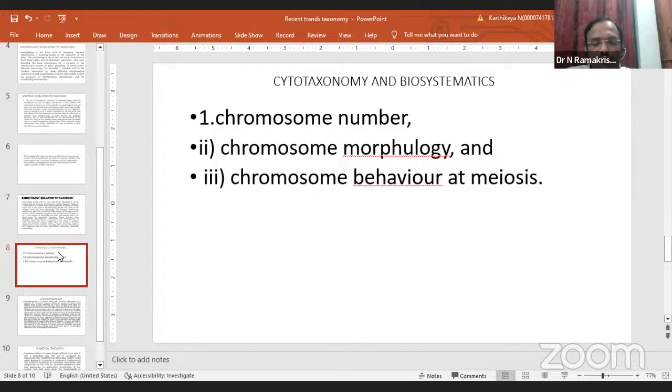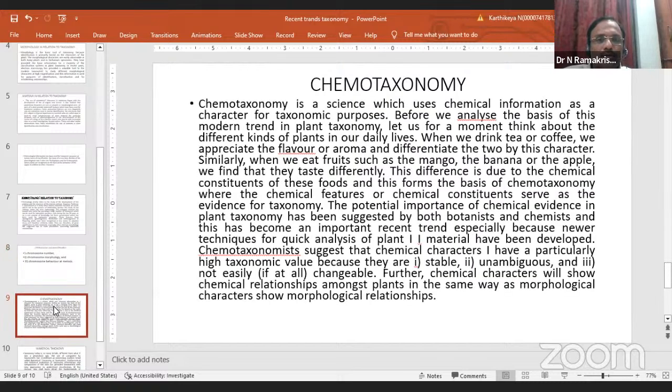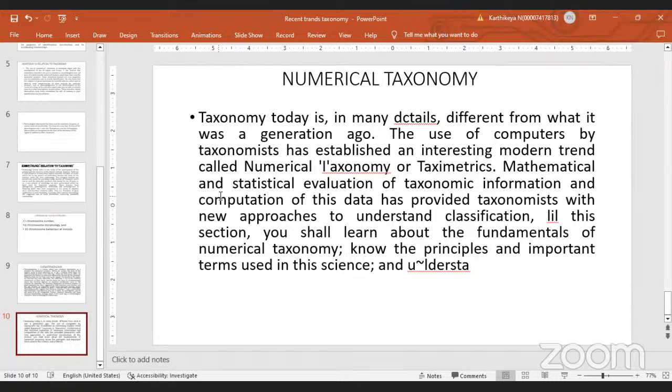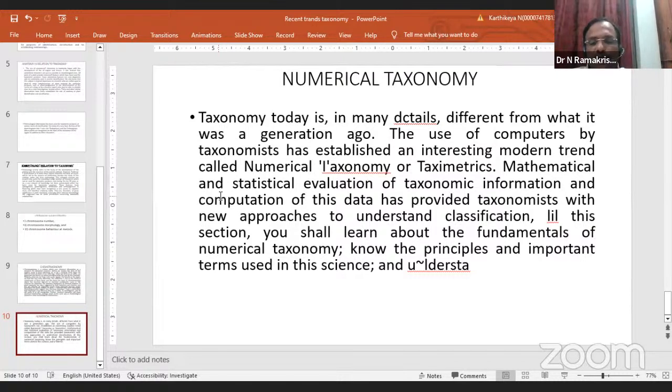Yeah. Next, one more important one is numerical taxonomy. What is the meaning of numerical? Numerical means numbers related. Tell me, what is the meaning of numerical? Numbers, sir.